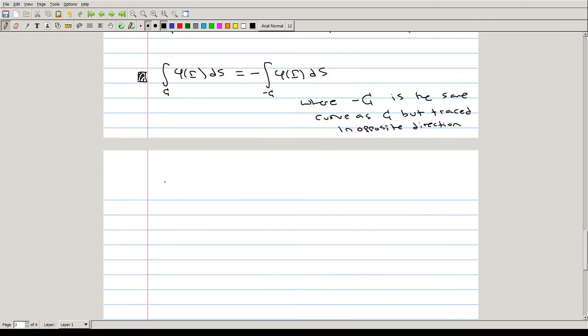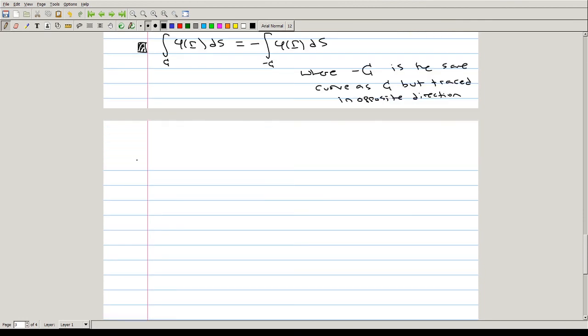So the next property, as properties here continue, is called the additivity property.